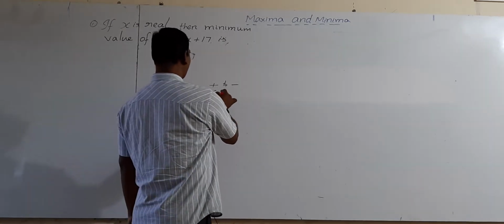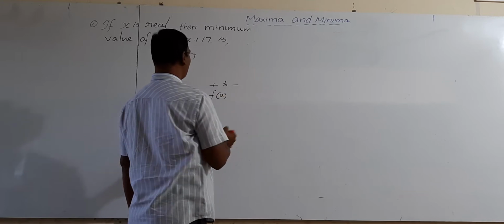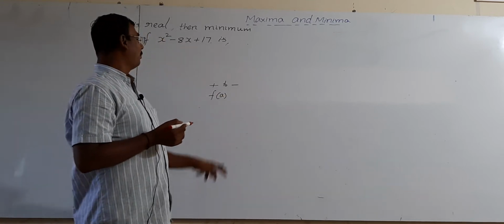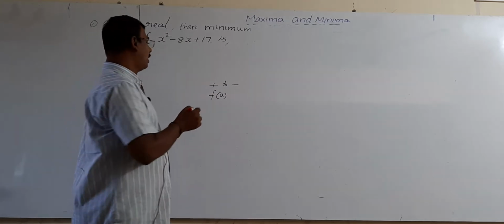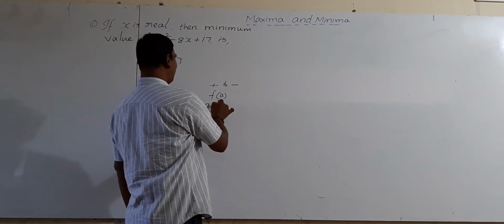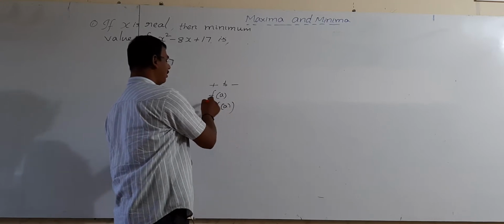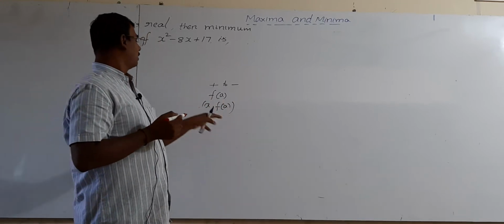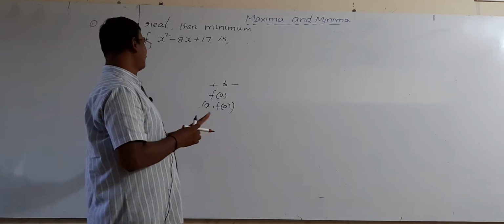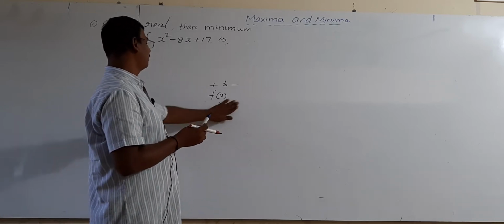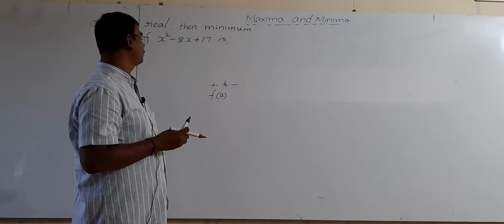F of a is called the maximum value of f of x, and the point a comma f of a is called the point of maximum. Okay, this is the maximum value concept.